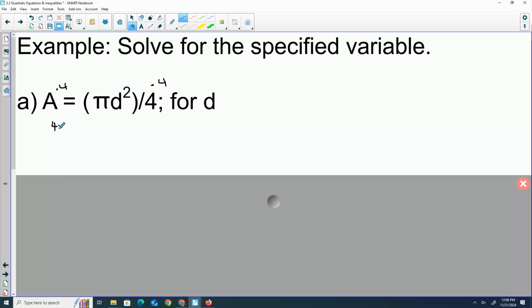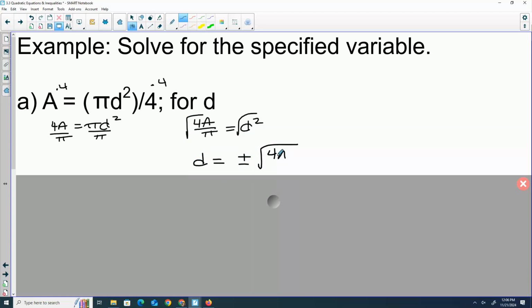So 4a equals pi d squared. Now what? So 4a divided by pi equals d squared. Yep, and then you have to add a square root. If you add a square root, what else do you need? So d is plus and minus the square root of 4a over pi.